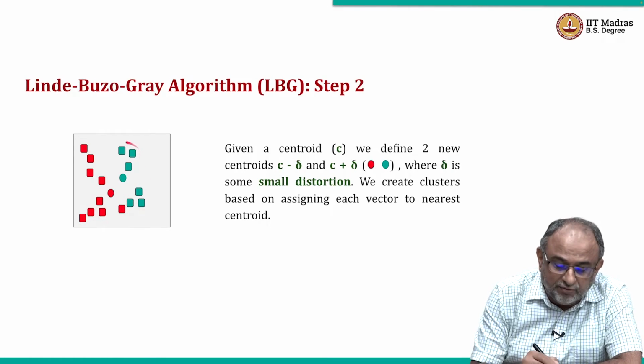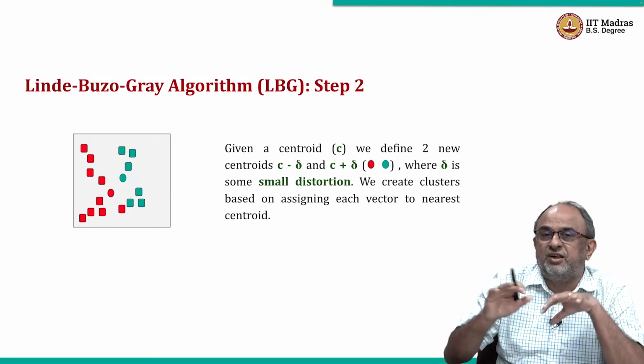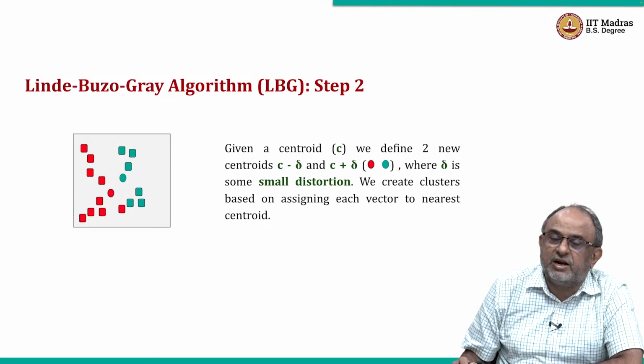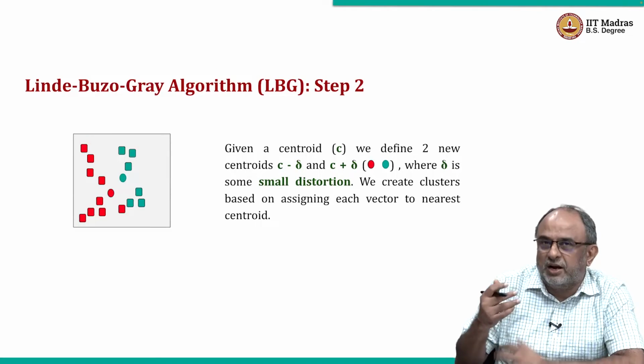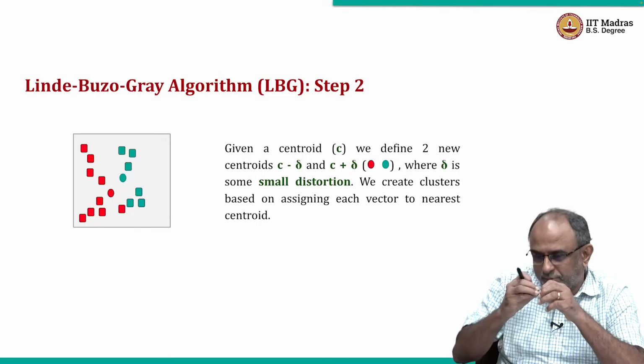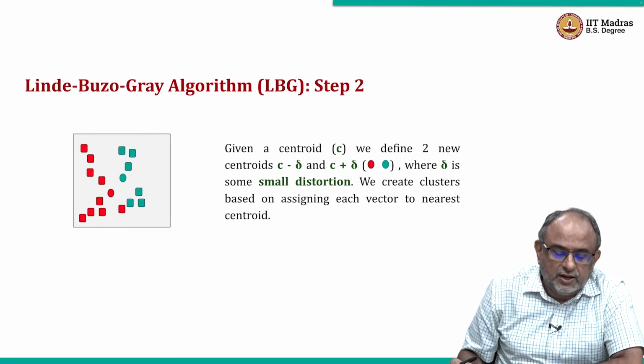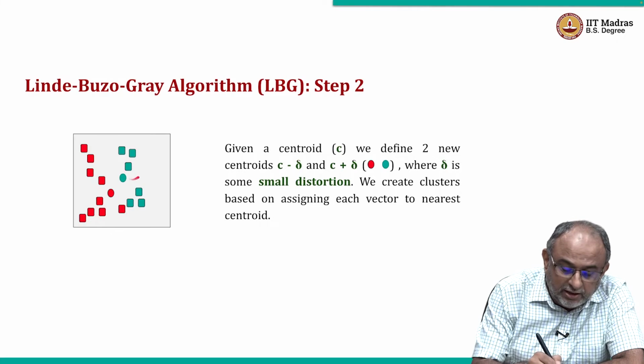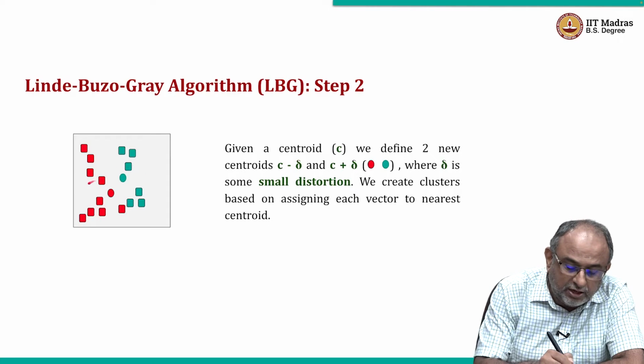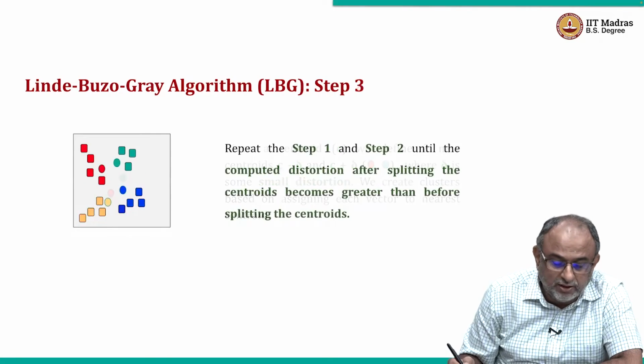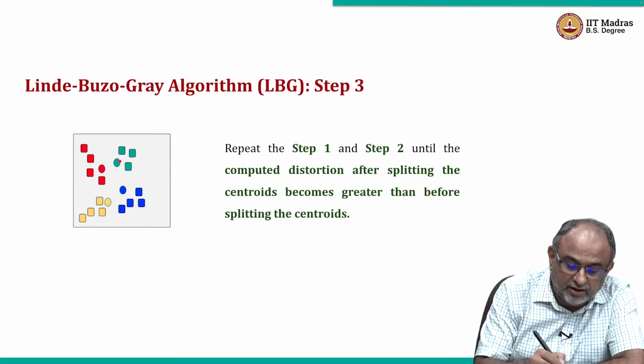Therefore, now I have categorized these into 2 classes after randomly finding out the centroid and then randomly perturbing it. And now I will get a new centroid for the green one and a new centroid for the red one. So, it will be here and here.